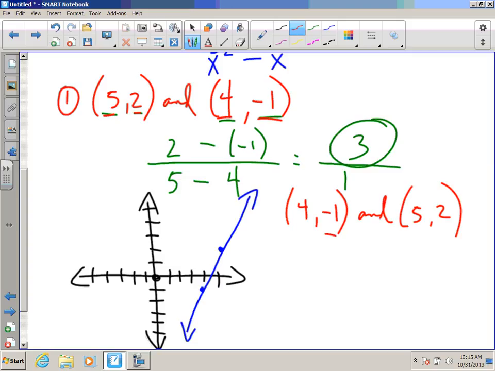Let's go my 1 minus my 2, and then 4 minus 5. Negative 3 over negative 1 really means 3. Negative divided by negative, it's still the same.